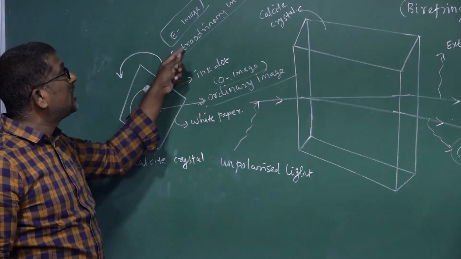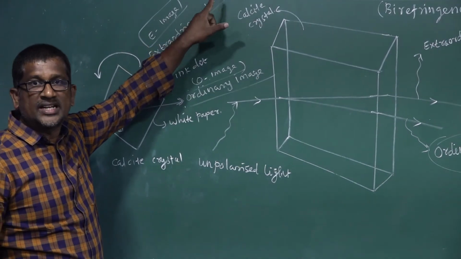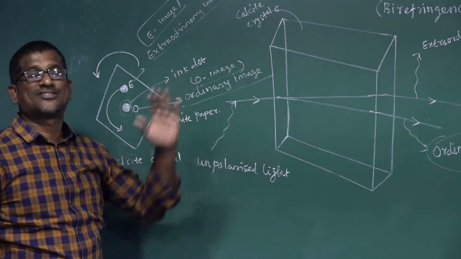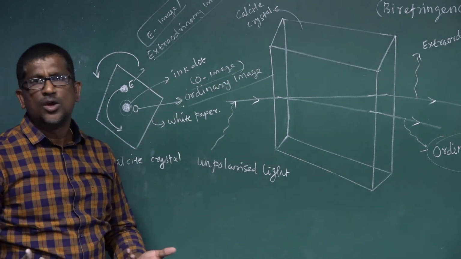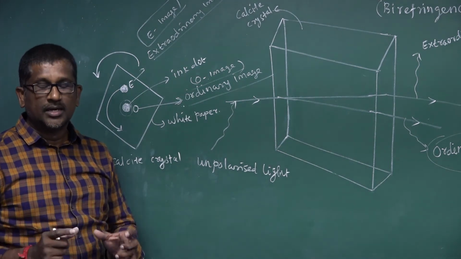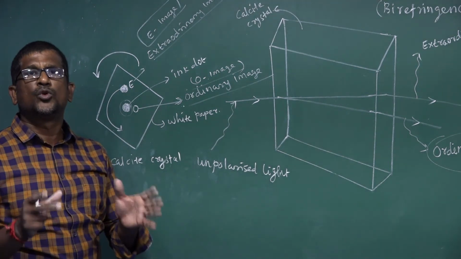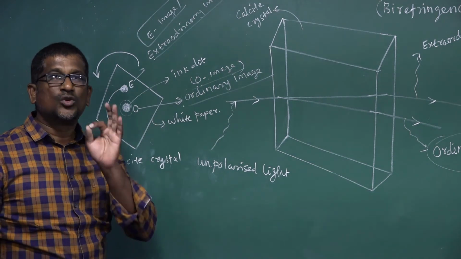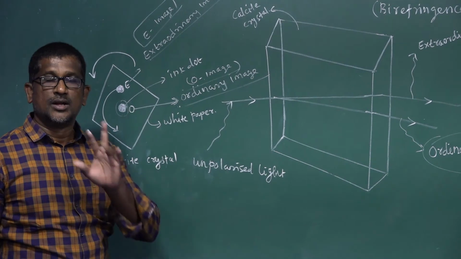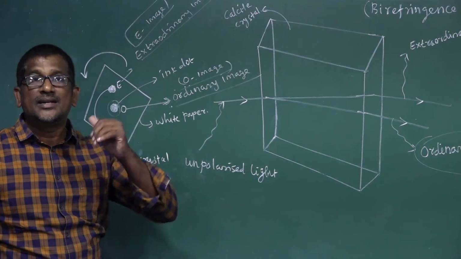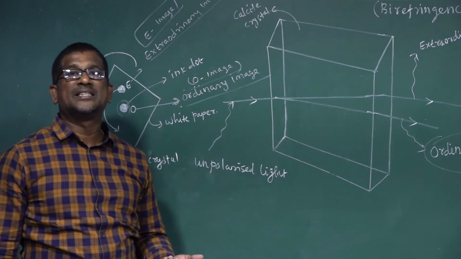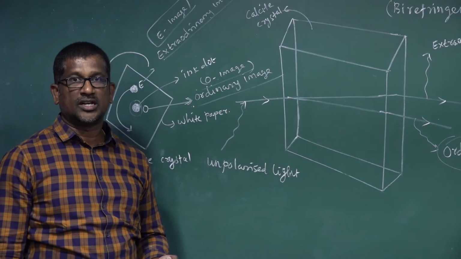That image is called the extraordinary image, produced by the extraordinary ray, which does not obey the laws of refraction. It means that if any object is viewed through a calcite crystal, two images of a single object are produced: one is the ordinary image and the other is the extraordinary image.